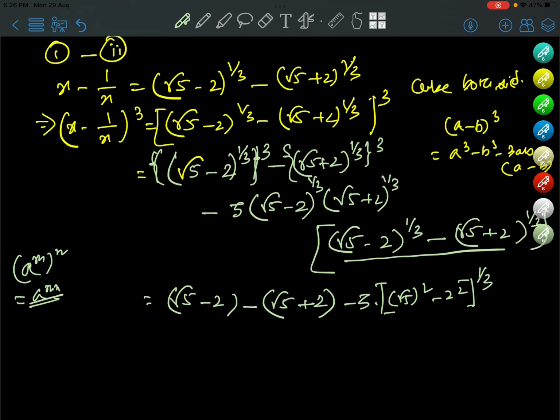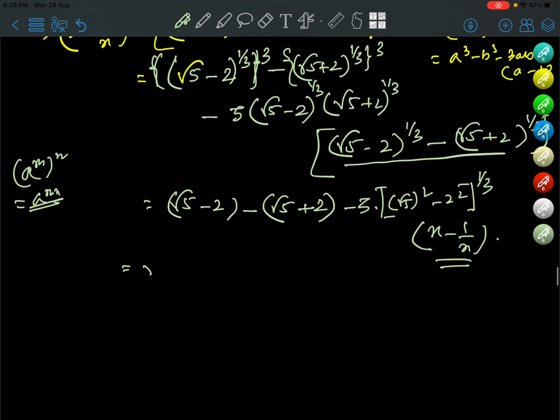Now in the place of (root 5 minus 2) to the power 1/3 minus (root 5 plus 2) to the power 1/3, we can put x minus 1 by x, because this is similar to x minus 1 by x. Now root 5 minus 2 minus root 5 minus 2, minus 1 into (x minus 1 by x). So root 5 minus root 5 plus minus will be 0.